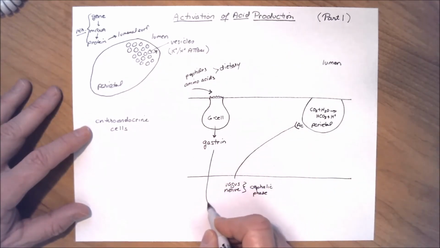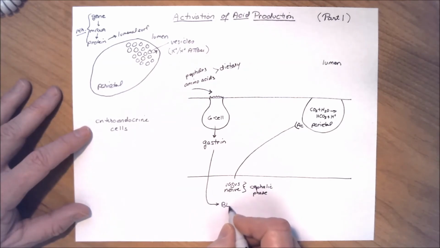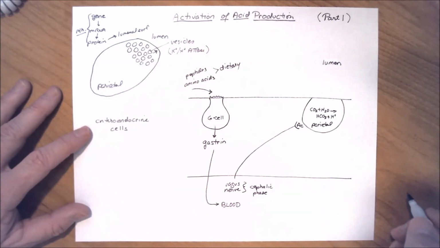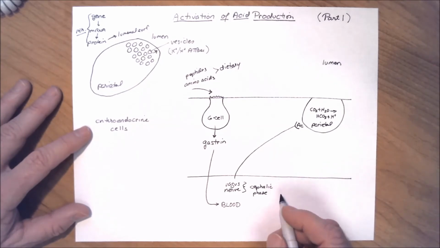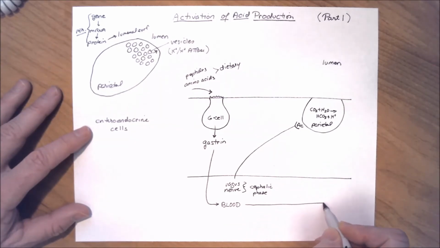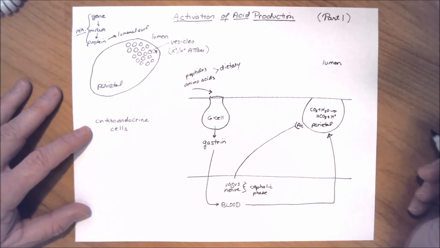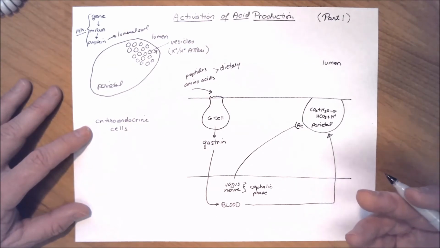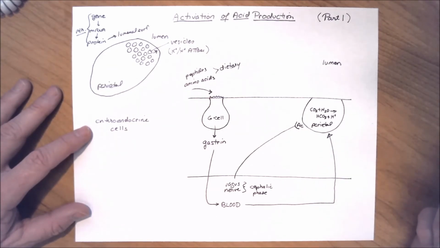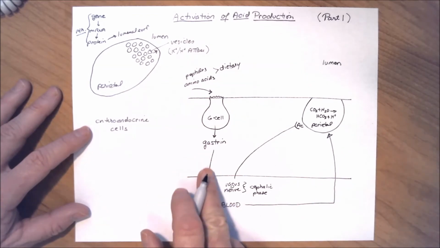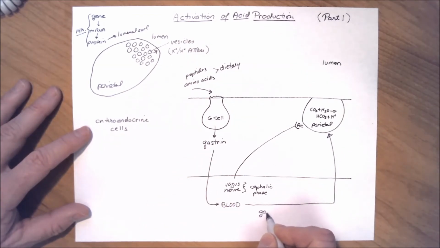Gastrin will now enter the blood and gastrin will stimulate directly the parietal cell. Gastrin stimulation of the parietal cell is a significant increase in acid production. Once we have this, now we enter what's called the gastric phase of digestion.